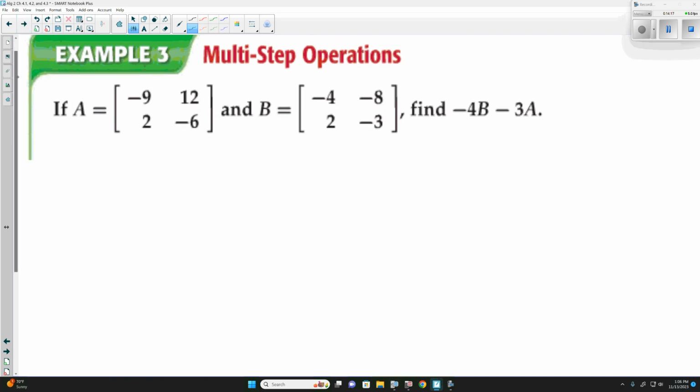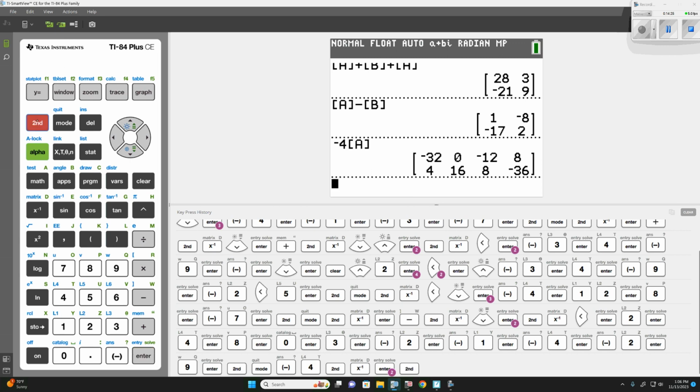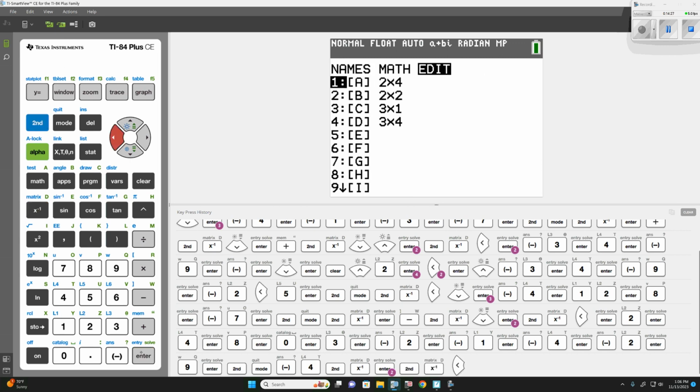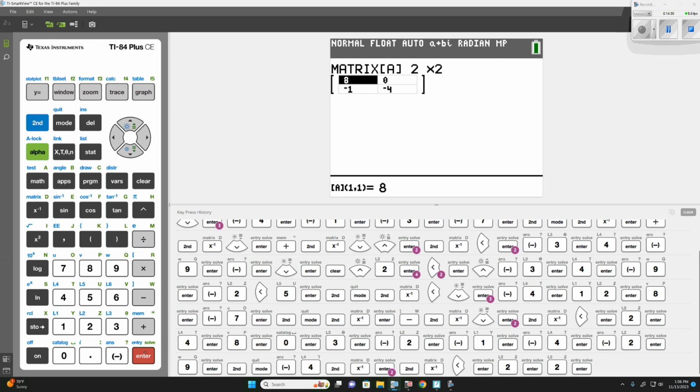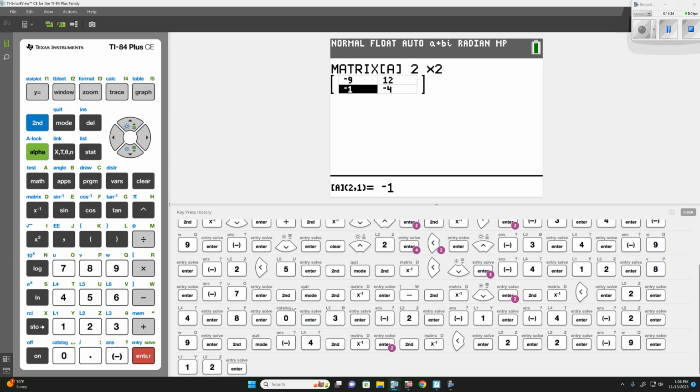Now we can do addition, subtraction, and scalars at the same time. So if we want to find -4b minus 3a, we can do by hand, or I feel like you're probably going to do it in the calculator. So we can label a as 2 by 2. So -9, 12, 2, -6.